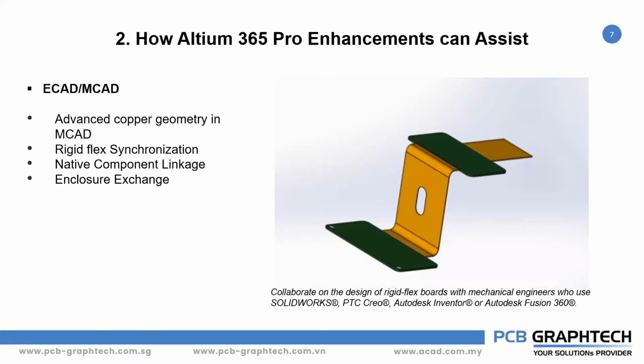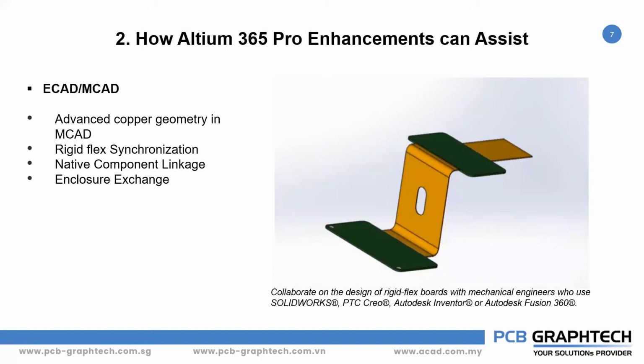Once you have transferred your board to the mechanical software, if you want to add components, you can add them for your design, and later they can be moved to the ECAD software. This linkage can be done either from ECAD to MCAD or from MCAD to ECAD, so either way you can link your components and then transfer them to the other side.